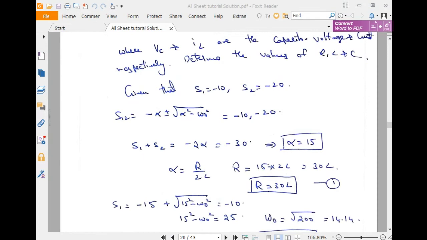So this is the formula of alpha. Alpha equals R by 2L, and then R equals alpha into 2L. What is alpha?